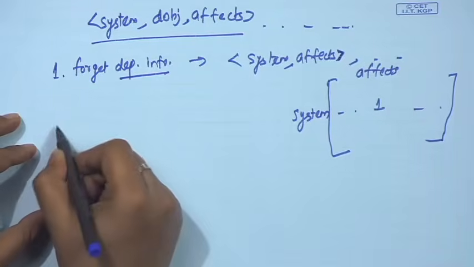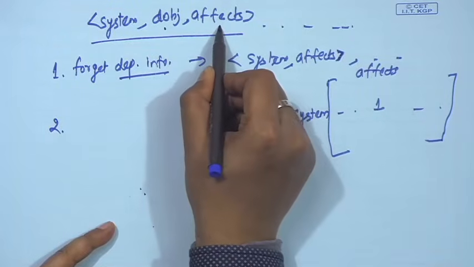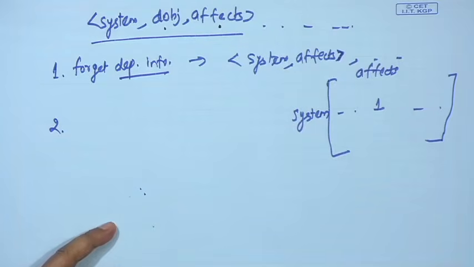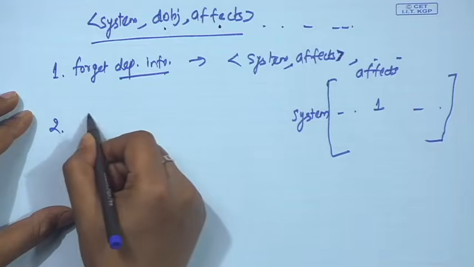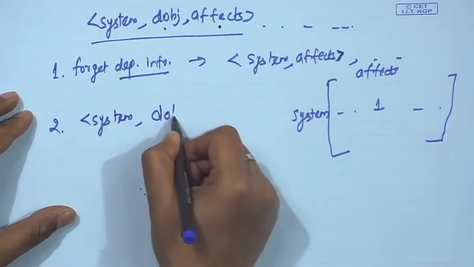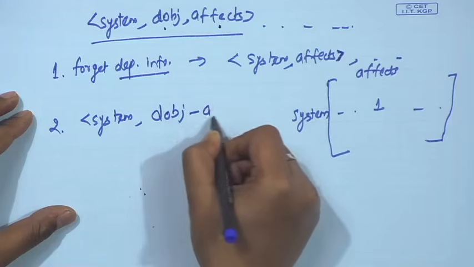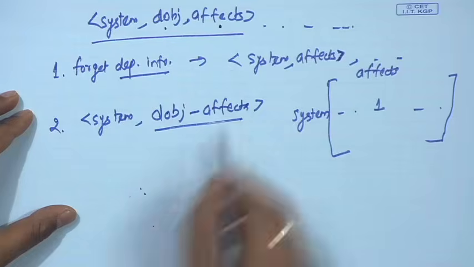So another option could be I combine dependency information with the context. My context is now structured. So I'll have system, and my context is direct object of the verb affects. These are my contexts now.